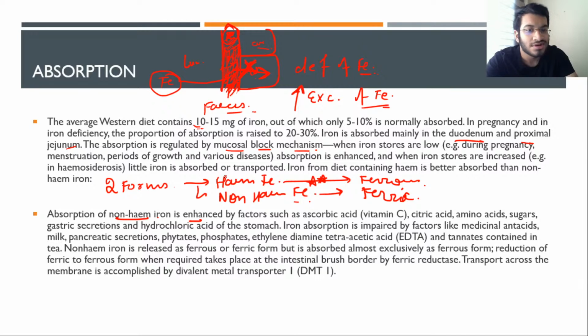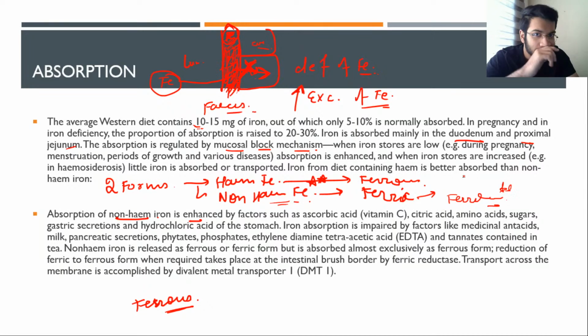If you want to absorb your iron, then it should be in ferrous form, right? Our body can only absorb ferrous form of iron. So here the non-heme iron will be converted to ferrous so that it can easily absorb, right?